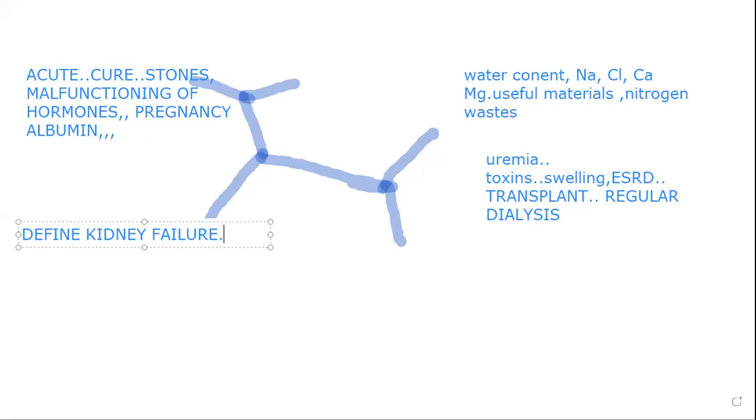What is meant by uremia, diuresis? Diuresis means passing out a lot of urine, excessive excretion of urine. Uremia means accumulation of toxins, a lot of toxins inside the blood.